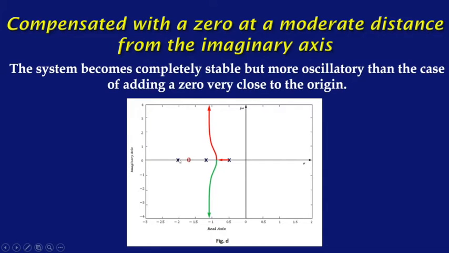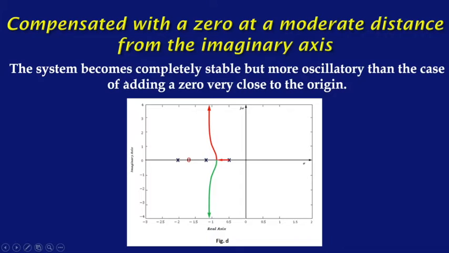And another root locus branch starts from this side and finishes at the zero. So this root locus branch completely lies in the left hand side of the s-plane. So this root locus branch will not cross the imaginary axis.